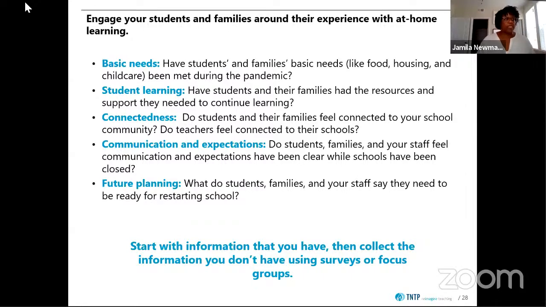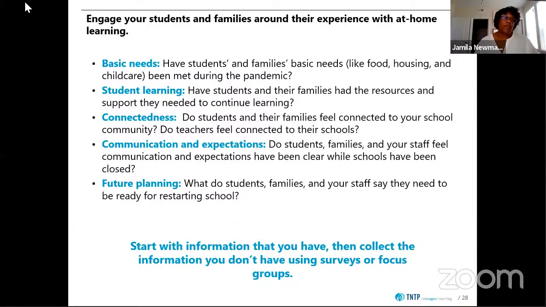Connectedness. So we're really wanting to make sure that you have a sense of how often have families and students been communicated with, how connected have they remained, how knowledgeable are they about the goings on within the system or the decisions that are being made, how are they feeling about their connection with teachers, their connection with administrators, et cetera.